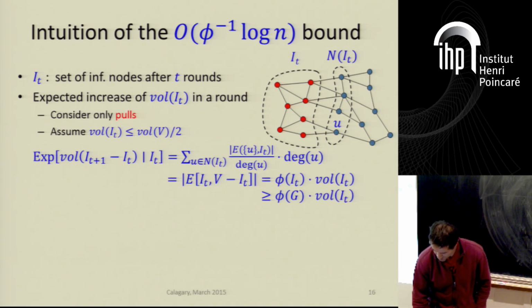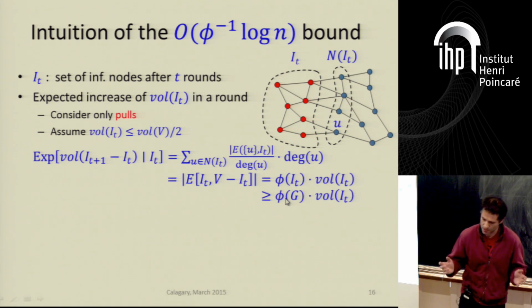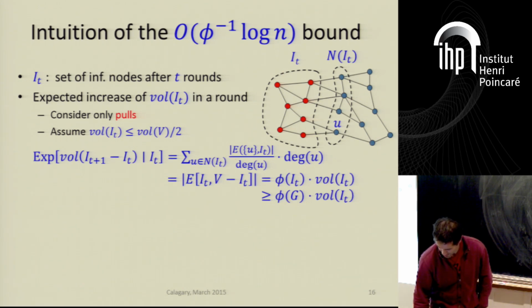But then remember the definition of the conductance of this set is just the number of edges crossing over the volume of this set. So this is equal to the conductance of the set times the volume. And because of this condition, we have that the conductance of the set is lower bounded by the conductance of the whole graph, and we have this final inequality.